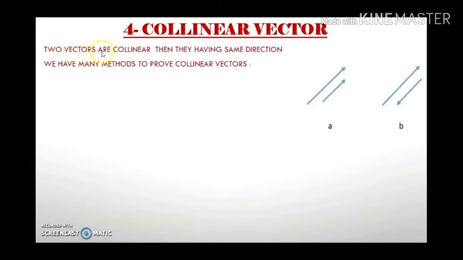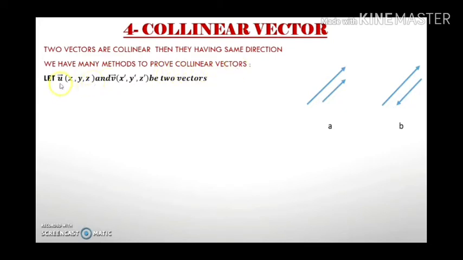If two vectors are collinear, then they have the same direction. In this figure, we show that these two vectors are collinear, having the same sense, and these two vectors are also collinear but having opposite sense. We have many methods to prove collinear vectors.